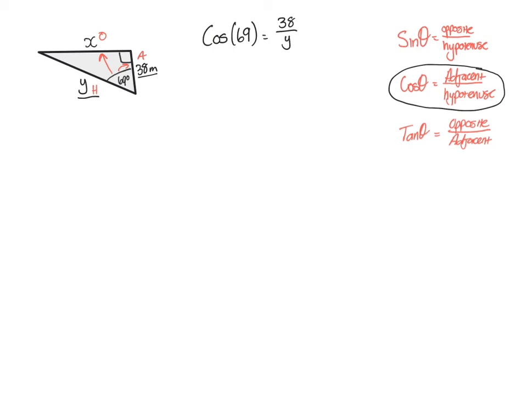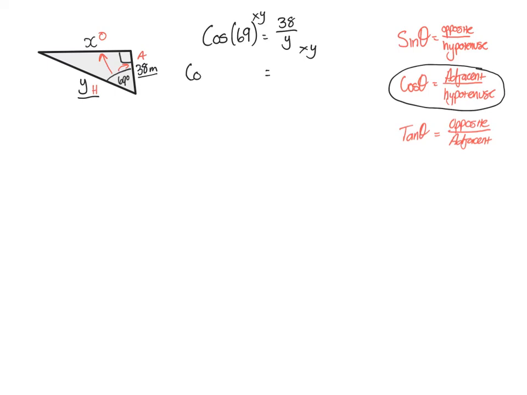So our first step is to substitute these values in. So this is where things start to get a little bit different. Our unknown value is at the bottom of the fraction rather than the top. So whenever we're rearranging and we have a fraction, we have to break up this fraction by doing the opposite operation, and that's the bottom of the fraction, because this is saying 38 divided by y. So the opposite of that is 38 multiplied by y. So we have to multiply both sides by y.